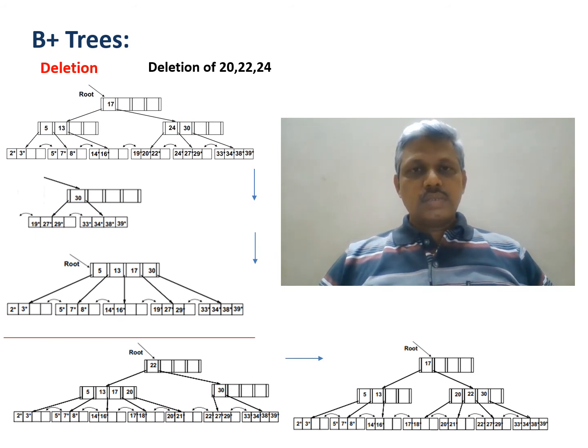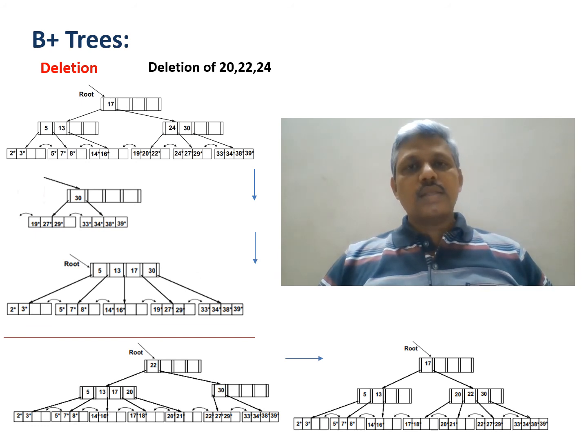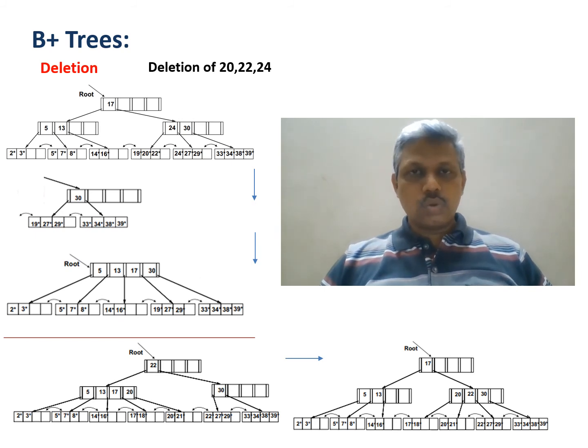Now because of this, we can merge the nodes at level 1, 5, 13, and 30, and again the root node consists of only one value. We can merge all these nodes into a single node: 5, 13, 17, 30 forms a new node, so that both the nodes at level 1 merge together with the root node.